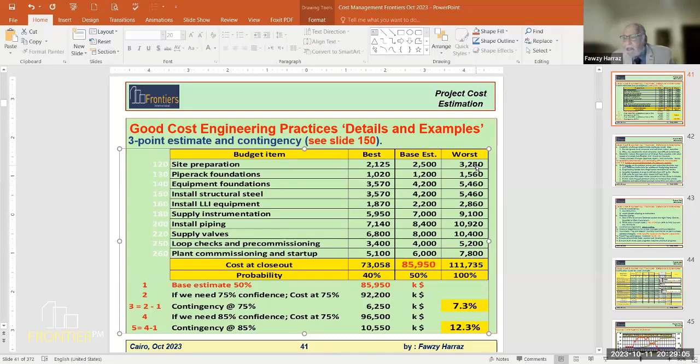And if the specs change, then we have to change the price for the specs. So the ultimate figure will be that figure. Of course, we are talking about a reimbursable or quantity unit rate contract. It's not a lump sum.